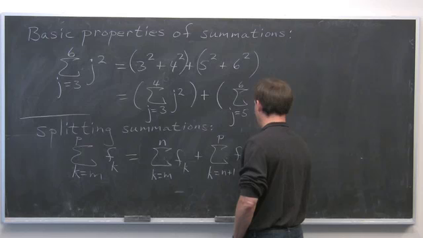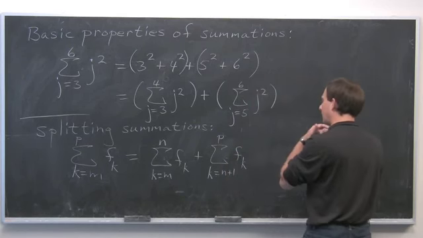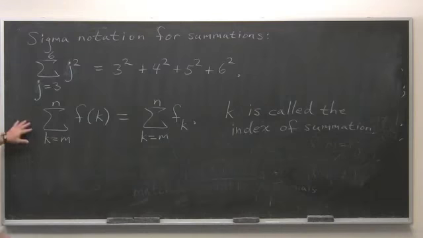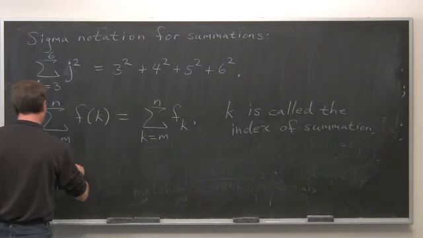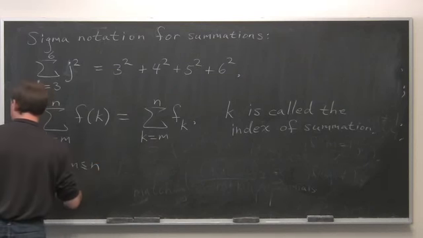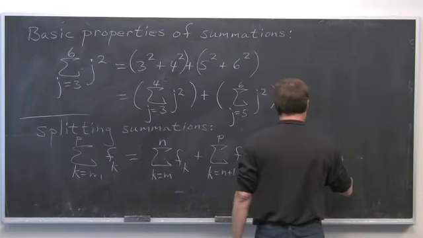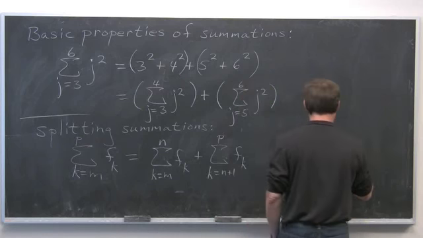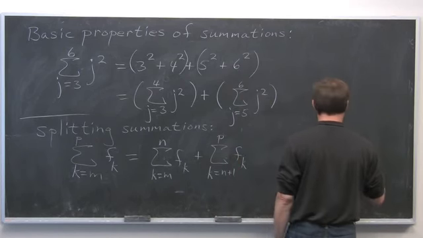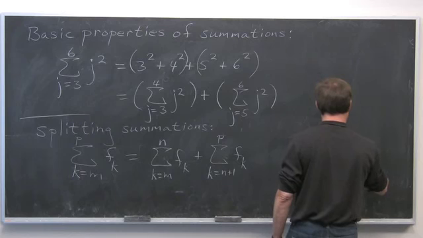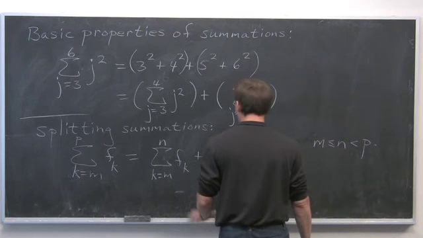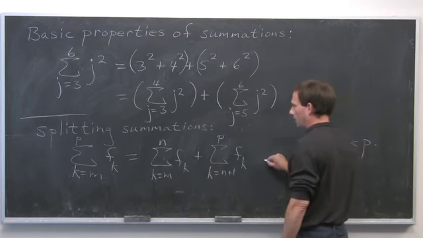Here I was assuming m was less than or equal to n, and I would need n plus 1 to be less than or equal to p, so n would need to be strictly less than p. And you can split up summations this way.